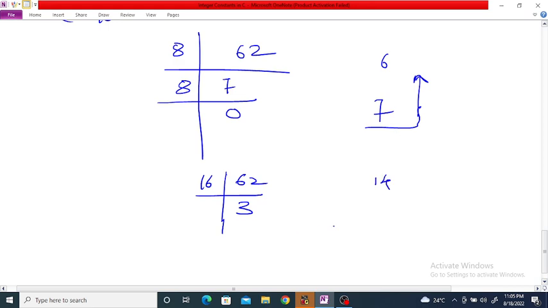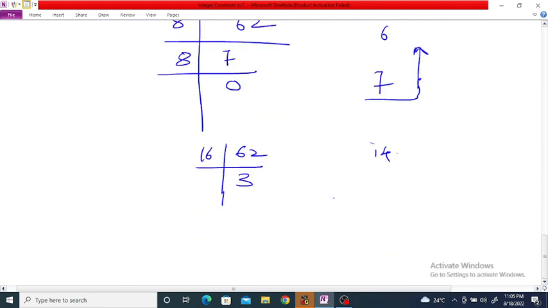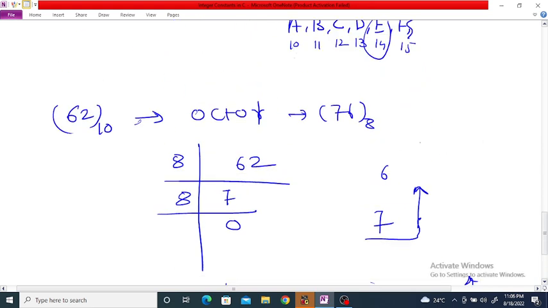For 14 we write, 10 11 12 13 14 and 15, so 14 we write as E. Again if we divide 3 by 16, the quotient is 0 and the remainder is 3. So the hexadecimal representation is 3e.